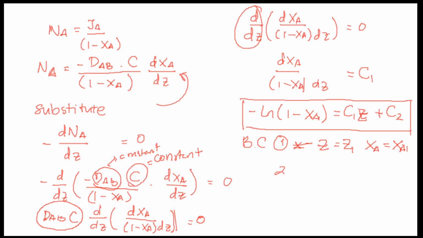The second boundary condition is at Z equal to Z2, XA is XA2.